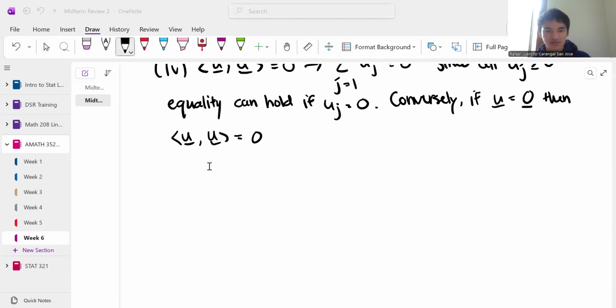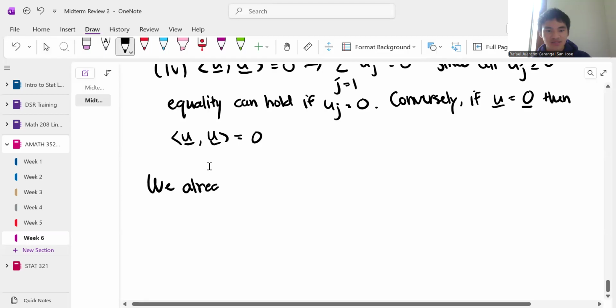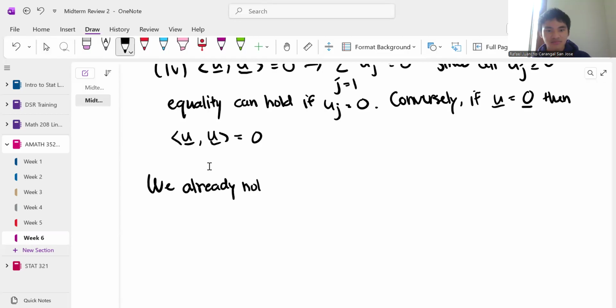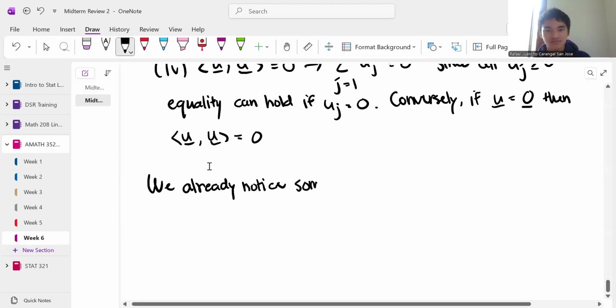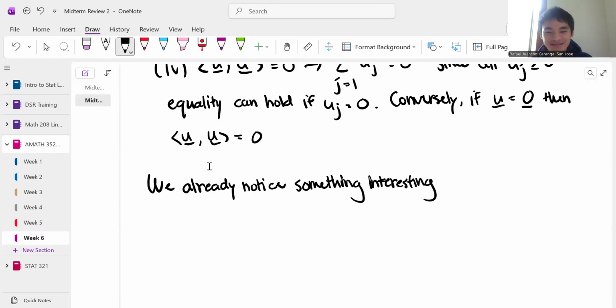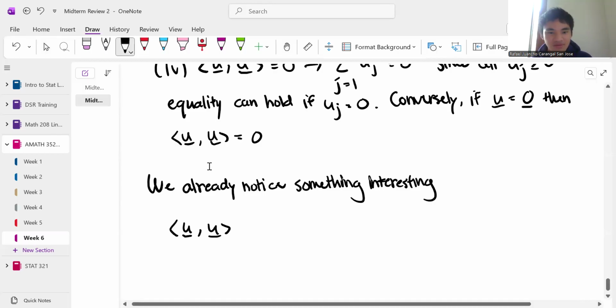Anyway, based off of this, we already notice something interesting, right? What do we notice? I'll tell you. Or if you know, you know. But if we take the dot product and we take a square root of that, that's the same thing as doing it in summation, right?